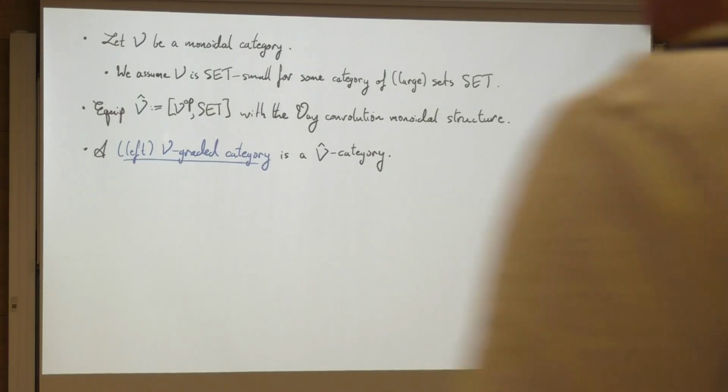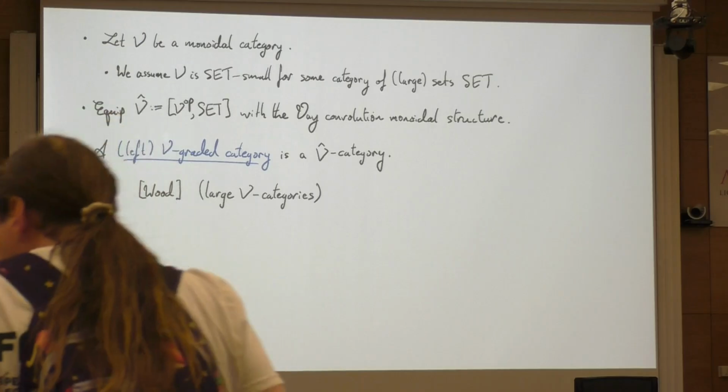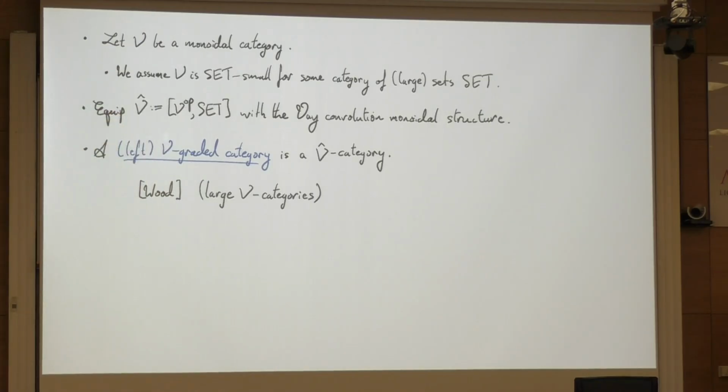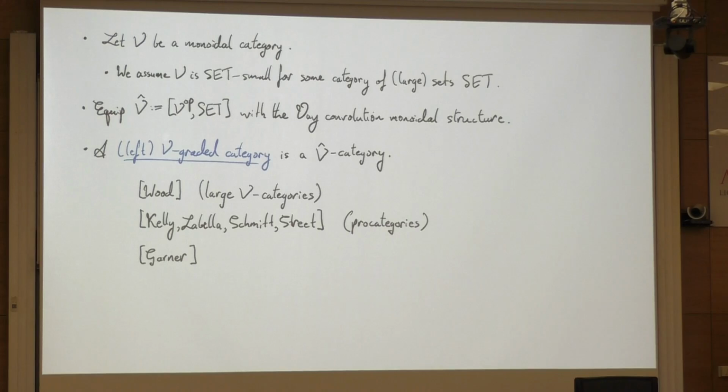This concept of V-graded category was introduced by Richard Wood under the name large V-categories. And it was also studied in a more general bicategorical setting by Kelly, Labella, Schmidt, and Street, who called these pro-categories. And V-graded categories were also used by Garner in proving an embedding theorem for tangent categories.